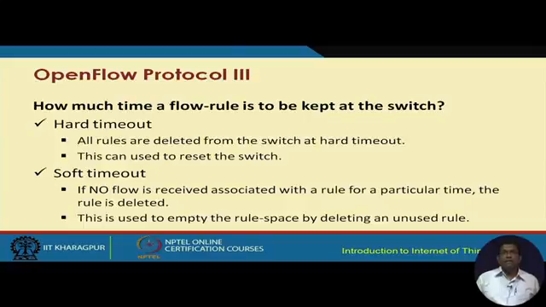This can be done by resetting the switch, for example. In the soft timeout methodology, if no flow is received associated with a particular rule for a timeout interval of time, then this particular rule is deleted. So, this is the soft timeout.